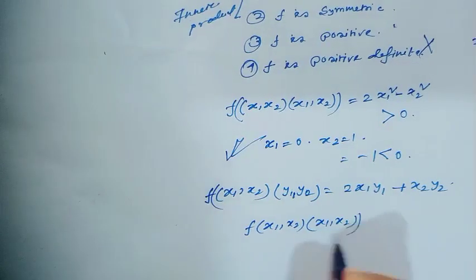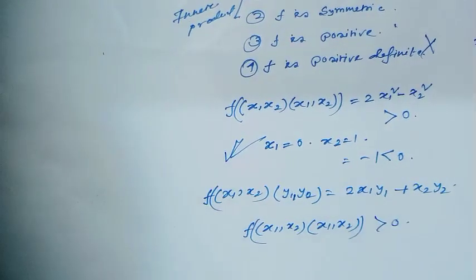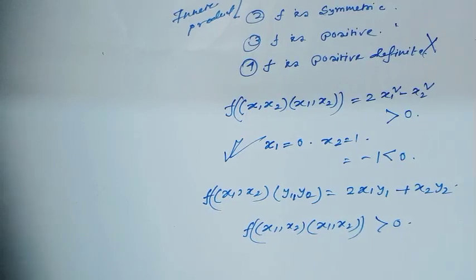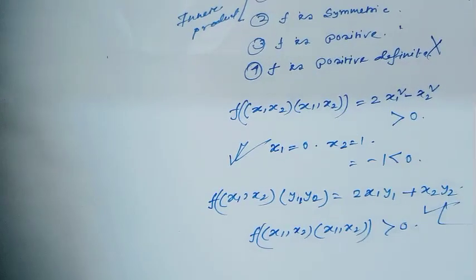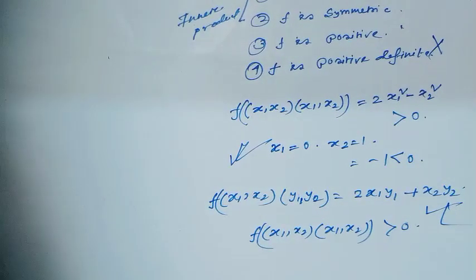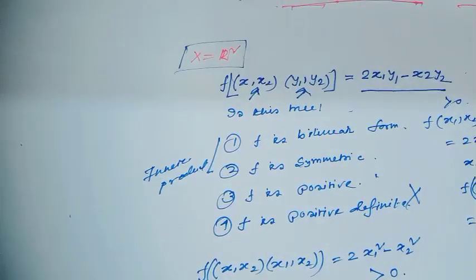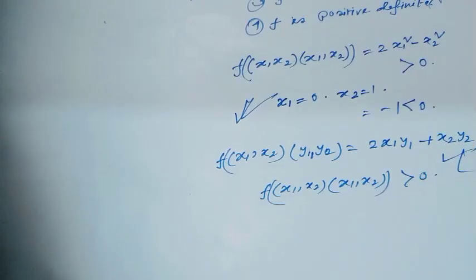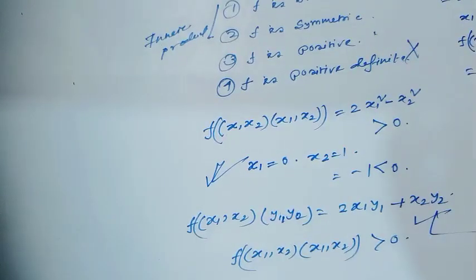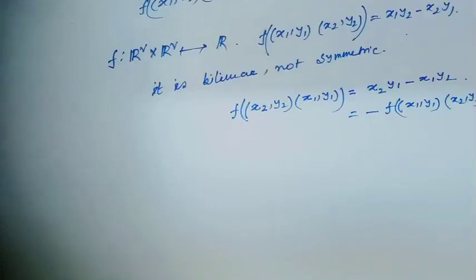Therefore this is always an inner product, but the earlier one is not an inner product. Have you understood the process to verify an inner product? Okay. I will say another example.